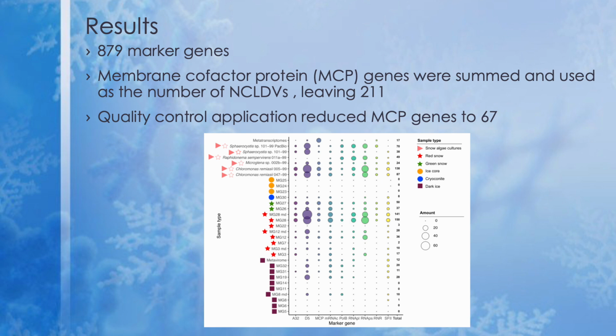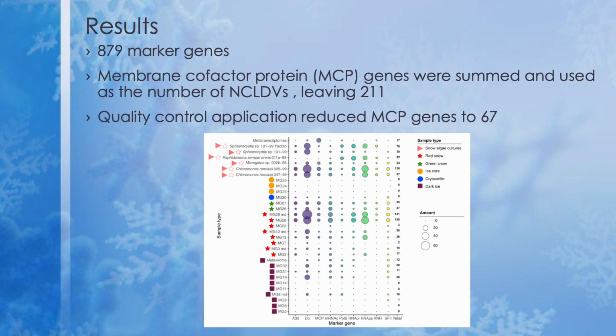To determine the speculative total of the number of NCLDVs present, major capsid protein genes were summed and used as a proxy for the number of NCLDVs. These MCP genes are considered bona fide viral genes, and there were 211 MCP genes as a result.